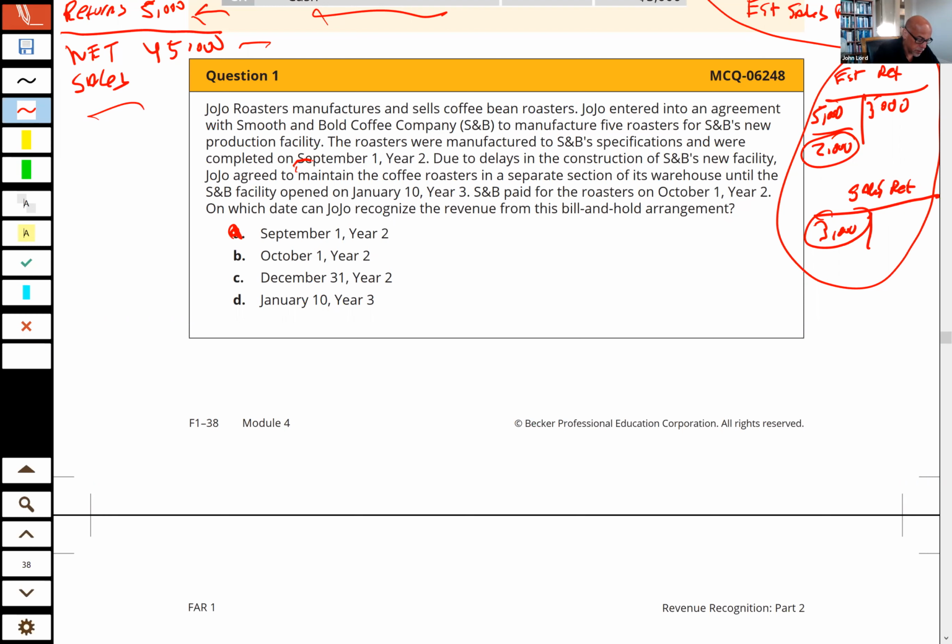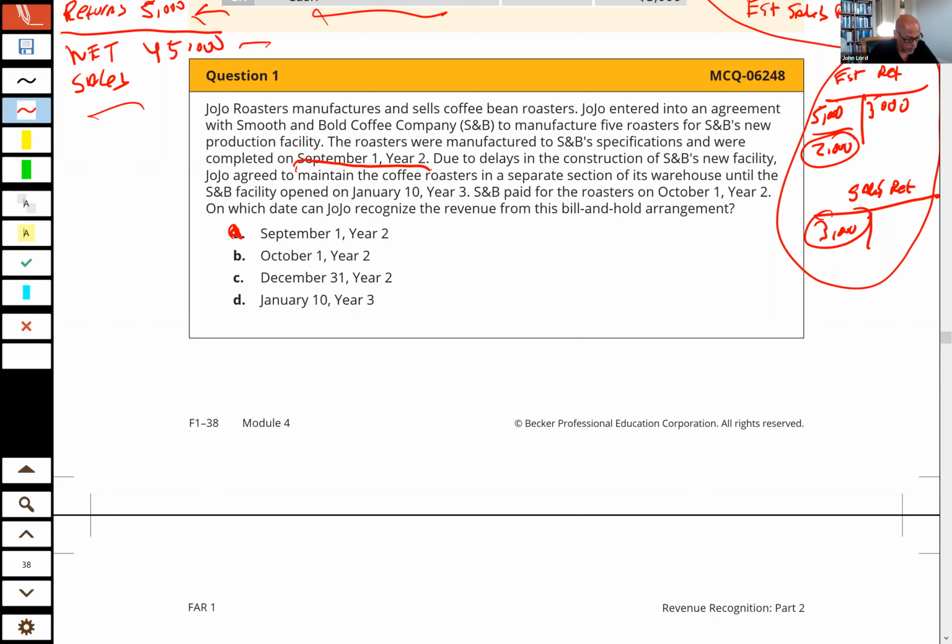Okay, so there's a date that we're going to want to think about since we already know that's the right answer. Due to delays in the construction of S&B's new facility, Joho agreed to maintain the coffee roasters in a separate section of the warehouse until the S&B facility opened in January. S&B paid for the roasters on October 1st, year 2. On which date should Joho recognize the revenue?